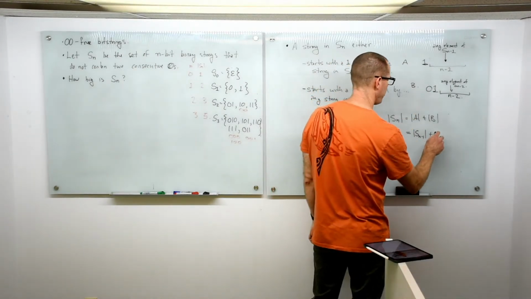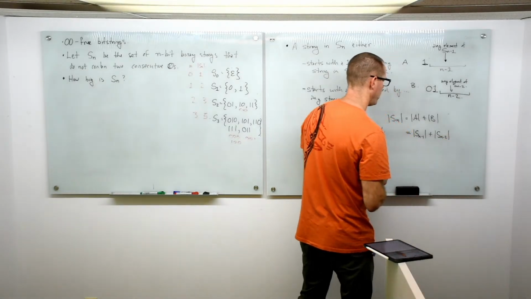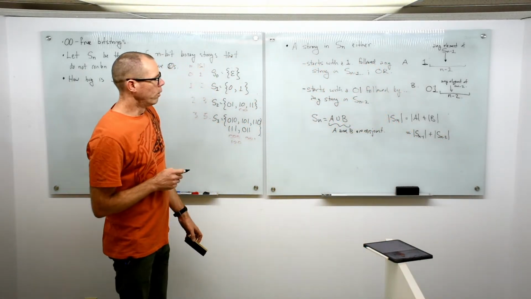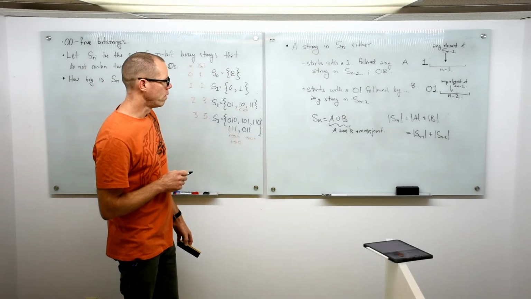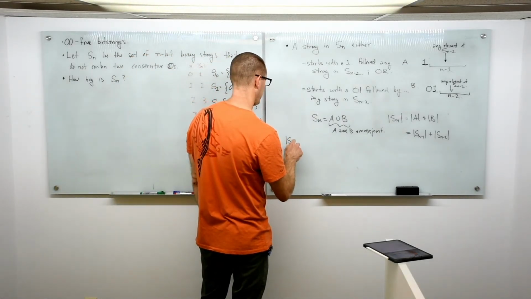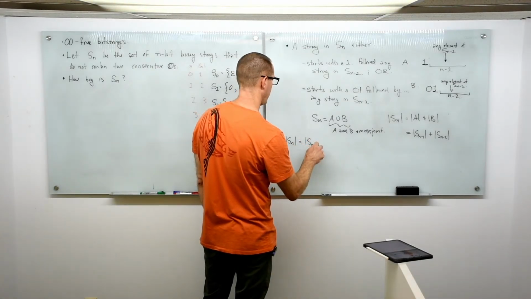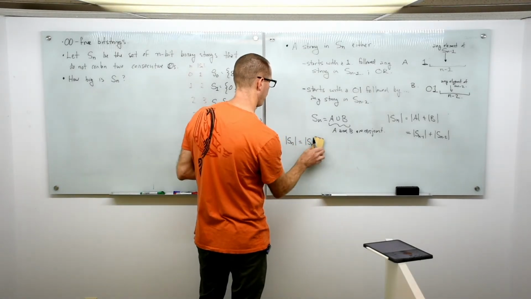So that means the size of B is the size of Sn minus 2. Okay, so that means the size of Sn is equal to the size of Sn minus 1. Well, let's be more careful.